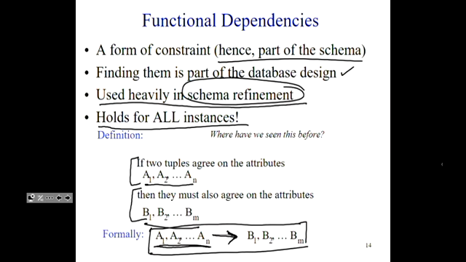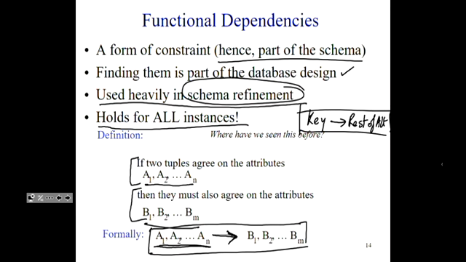Keys, right? So keys are an example of a functional dependency because if you have two tuples that have the same values for the keys, then they have the same values for the remaining attributes, right? So implicitly, key implies rest of attributes is a functional dependency. That makes sense?